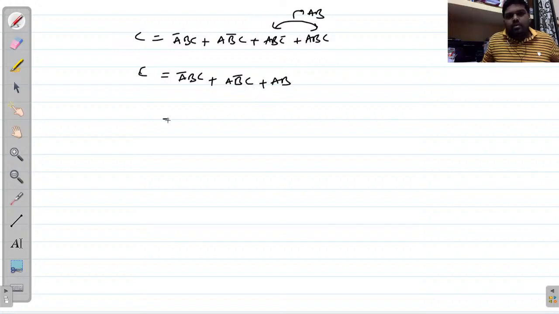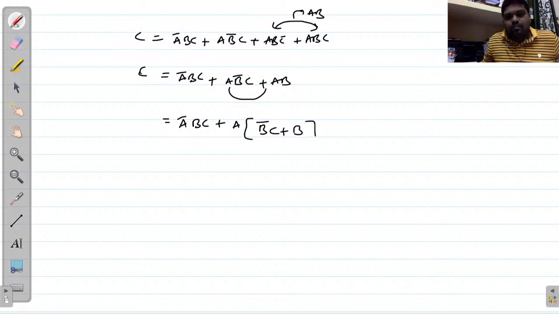Now I will take A as a common factor from these two terms. A bar BC plus A, then I am getting B bar C plus B. From the distribution theorem, I am writing B plus C into B plus B bar.